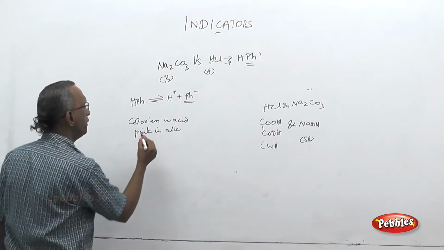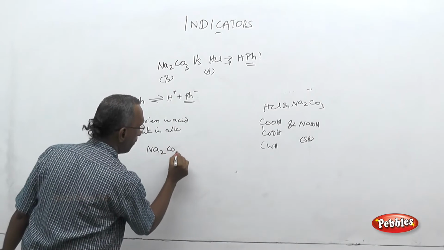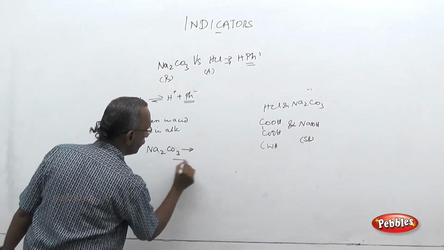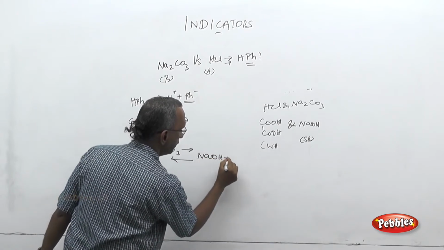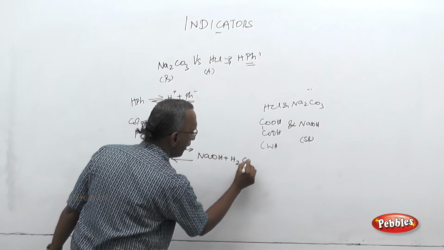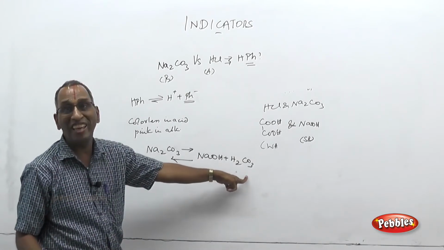Why? Because sodium carbonate is a weak base, it weakly dissociates to form sodium hydroxide and carbonic acid. Here the base is strong, and carbonic acid is a weak acid.